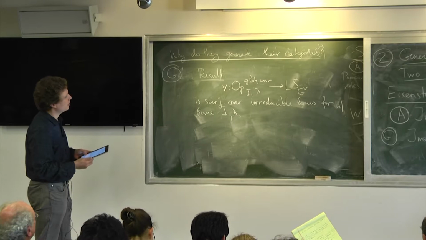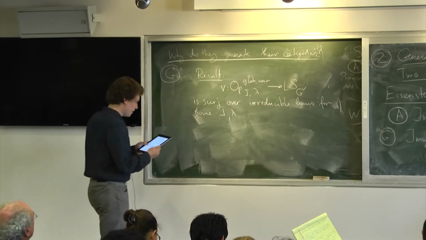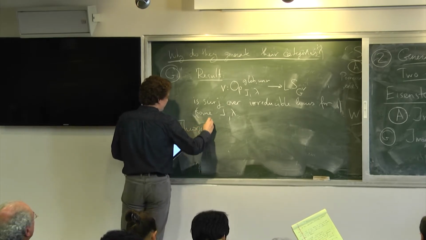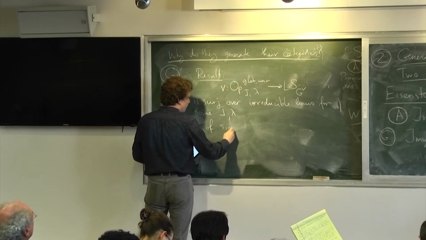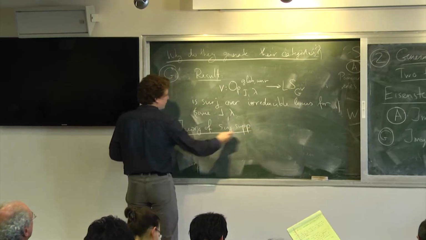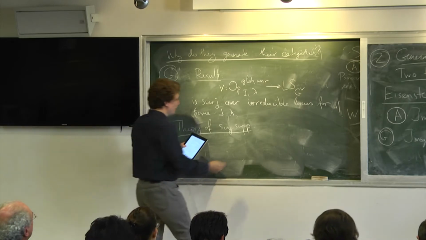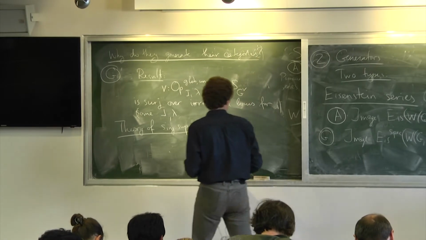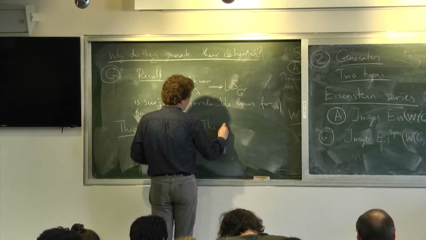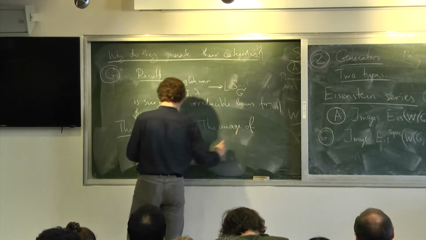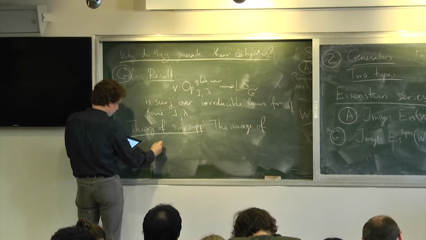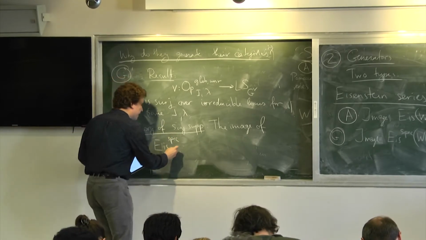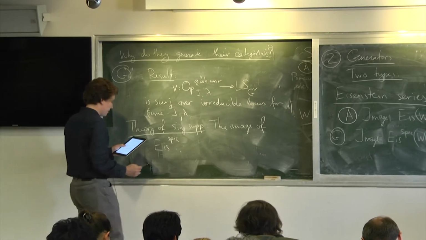So this is on the one hand, and on the other hand, the claim is that from the theory of singular support, it's in fact quite easy to check that the image of the Eisenstein series functor, I'll uncover it in a moment, the image of this spectral Eisenstein series functor, I can tell you exactly what this image is.